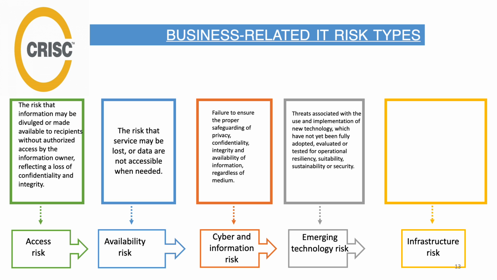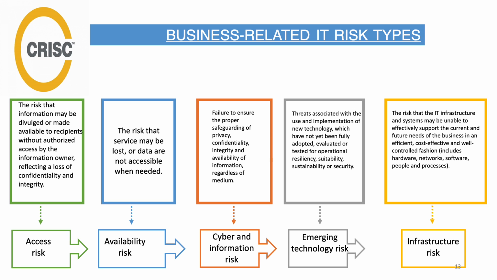Next, infrastructure risk. As the name says, the risk that the IT infrastructure and the system may be unable to effectively support the current and future needs of the business in an efficient, cost-effective, and well-controlled fashion. Includes the hardware, network, software, people, and the processes.